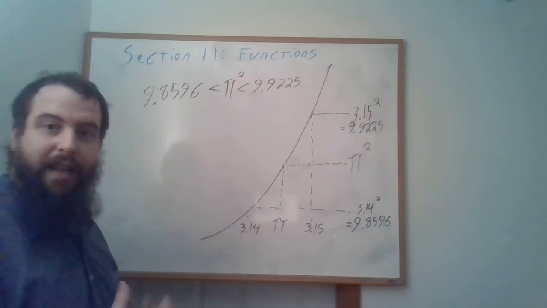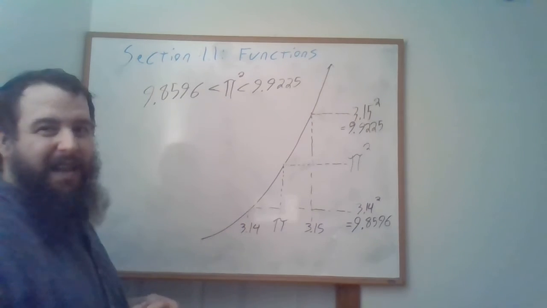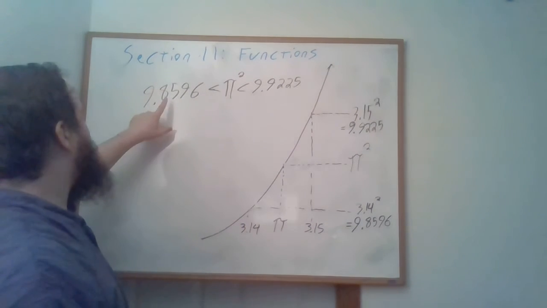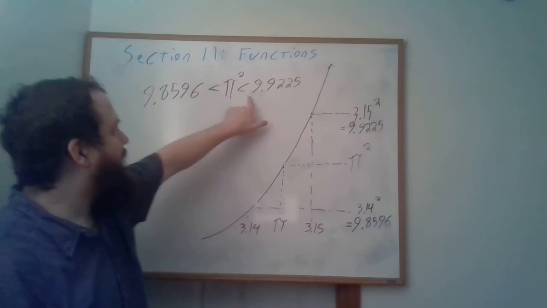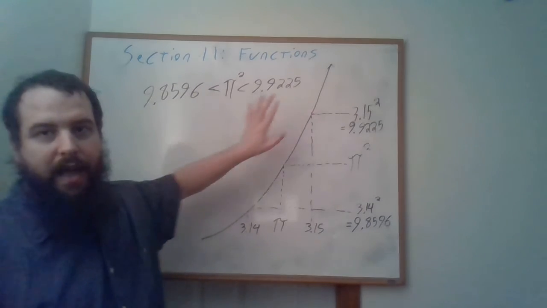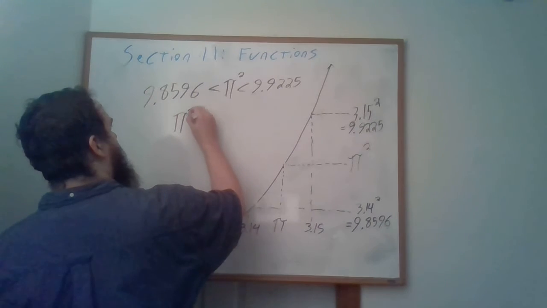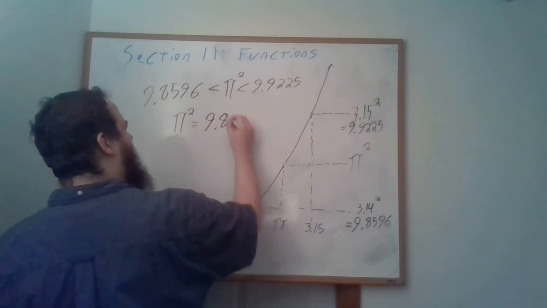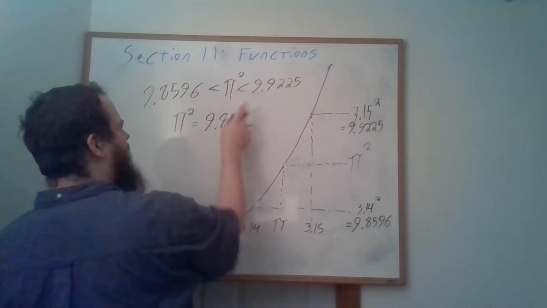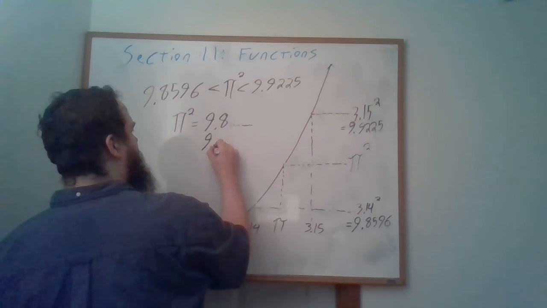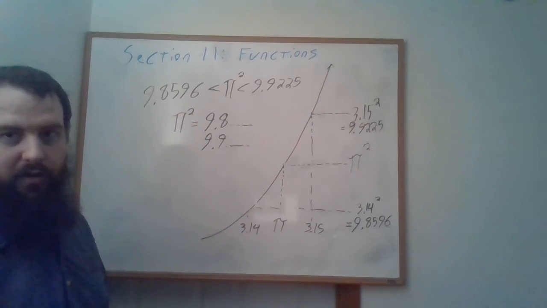Now, what does that actually tell us about pi squared? What does that tell us about the decimal digits? Not much. It tells us that if it's a number between 9.8 something and 9.9 something, then the number has to start with 9.8 if it's between here and 9.9, or it's going to be 9.9 something if it's between 9.9 and 9.9225.